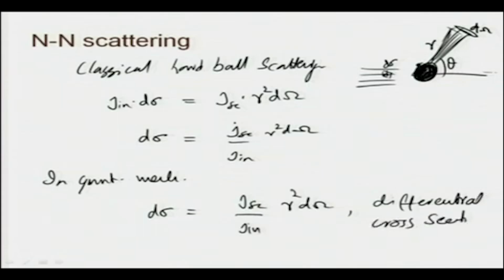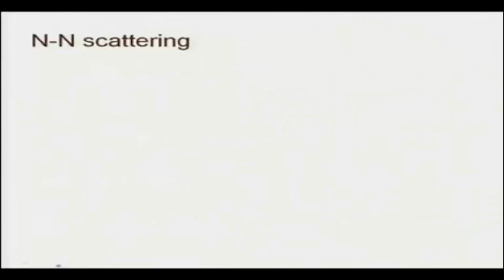For a wave function corresponding to a particular particle, this will be interpreted as the probability for a particle to scatter into solid angle d omega when it encounters the potential which we have considered. All right, so this is the interpretation that we will give here.